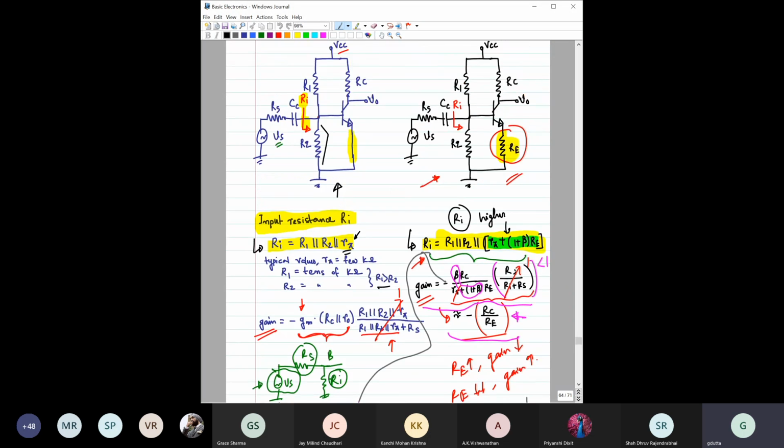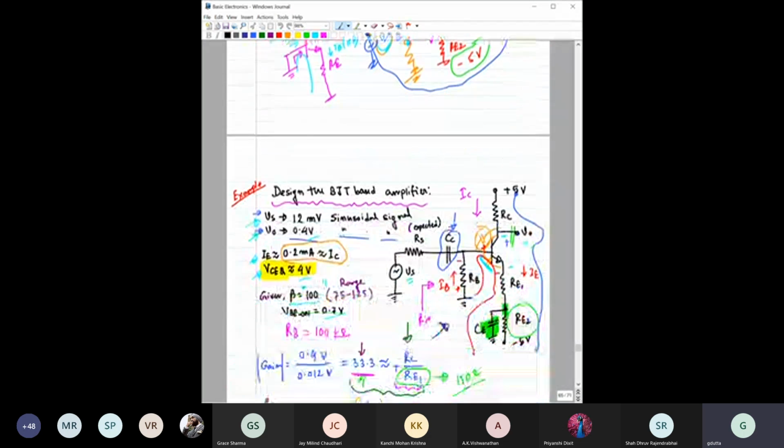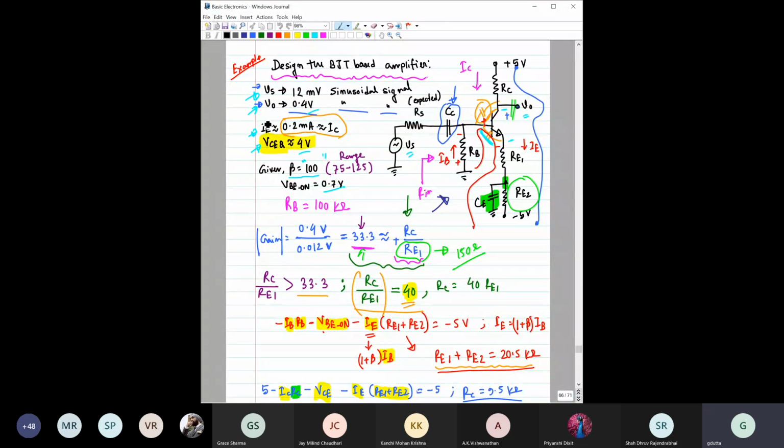We also took one design example, to investigate, if some criteria and design parameters are given, how to come up with the complete circuit configuration, meaning what the values of RC, RE1, RE2 should be. Those things we came up with from scratch.